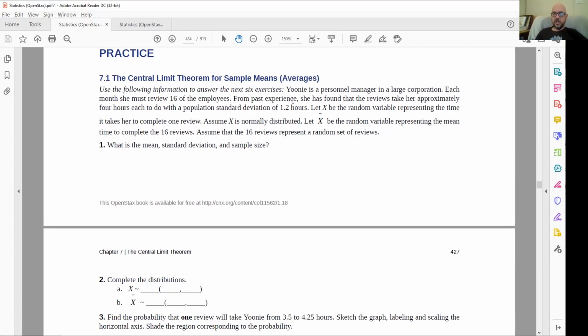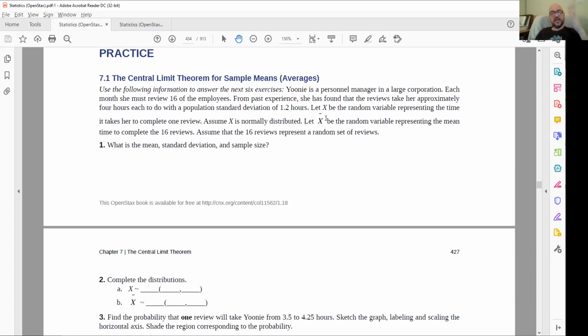From past experience, she has found that the reviews take her approximately 4 hours each, with a standard deviation of 1.2 hours. So 4 hours each is the average, right? So mu is 4. Sigma is 1.2. X is the random variable representing the time it takes to complete one review. And we're assuming X is normally distributed.